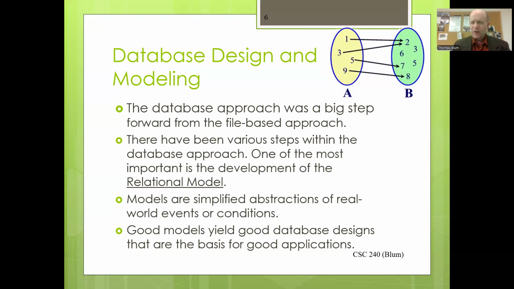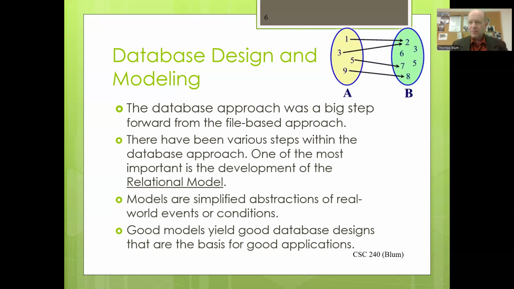And so we organize our data in tables, and the information in different tables can be related using, say, foreign keys and primary keys. And so then we have this concept of the relational model. When we are modeling, we need to identify what data belongs in the different tables.